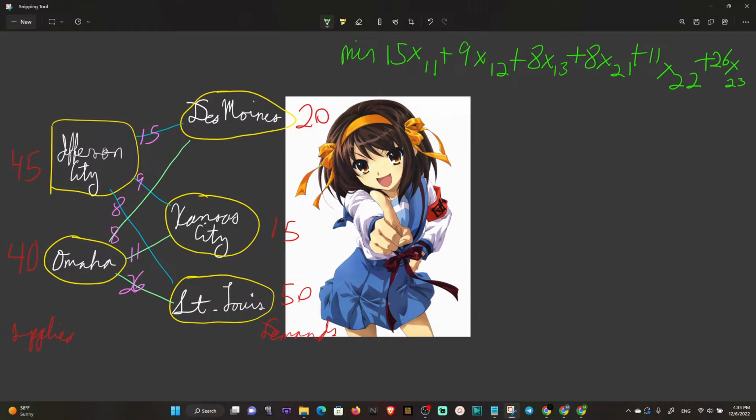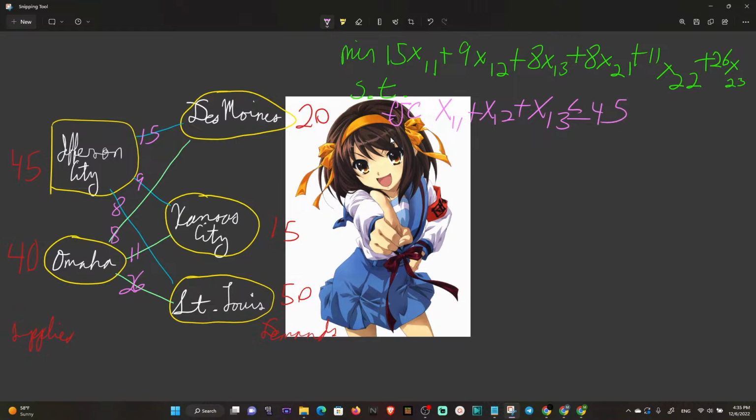And now it's going to be subject to what? What are we subjecting this to? From Jefferson City. And that will be x11 plus x12 plus x13, less or equal to 45.